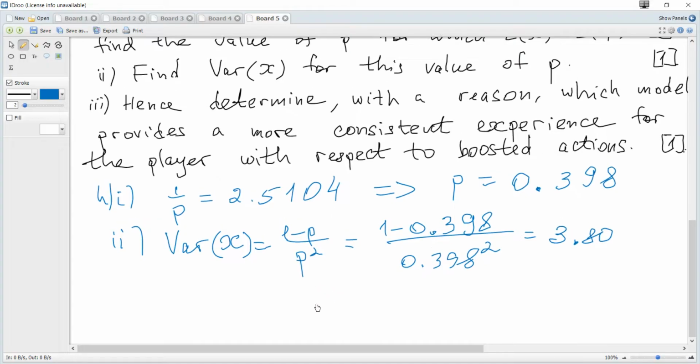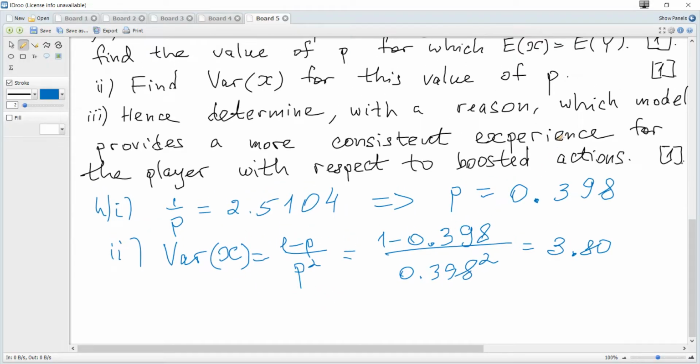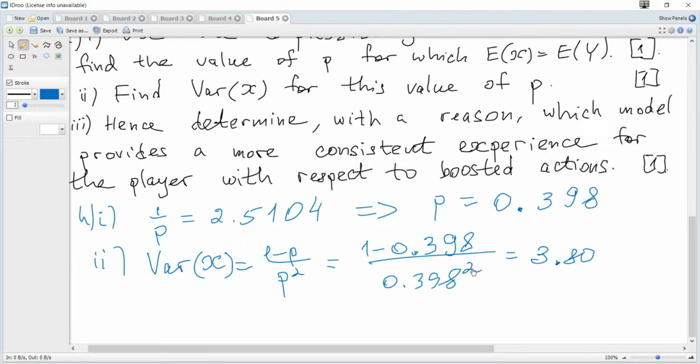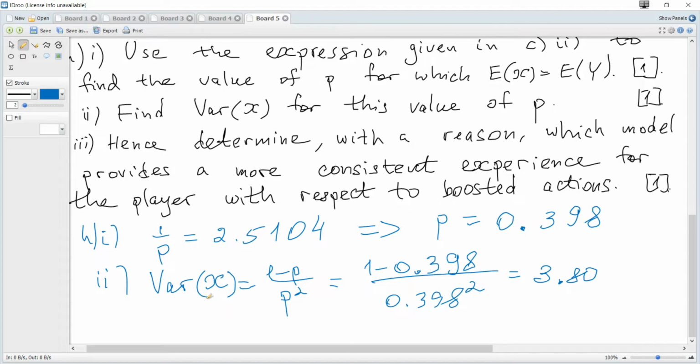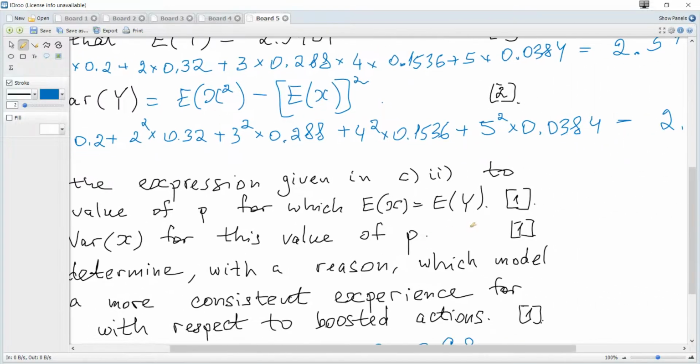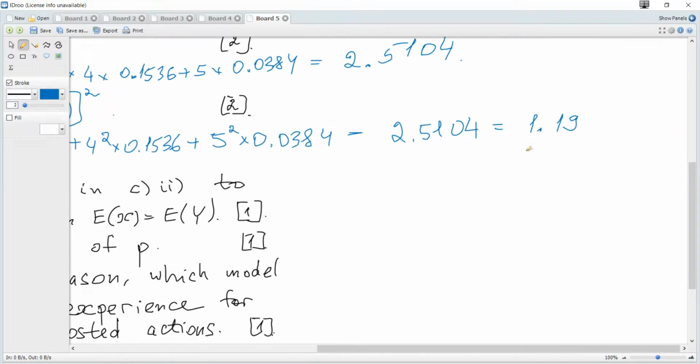And since we know variance for x and variance for y, and actually it is given, hence we need just compare variances, and we can see that variance of x is 3.80, and variance for y is 1.19.